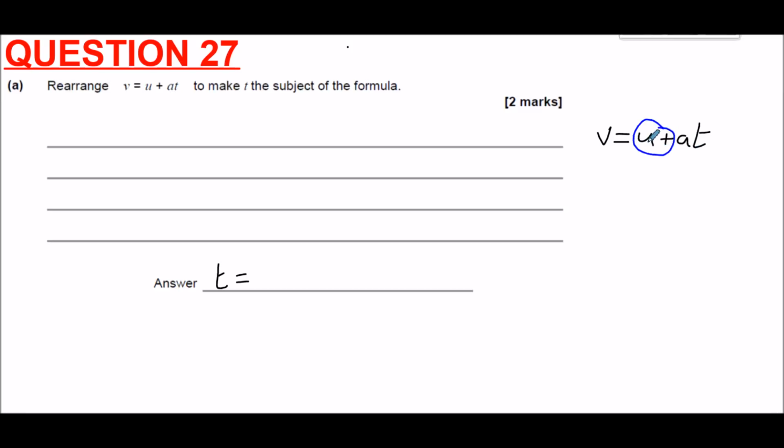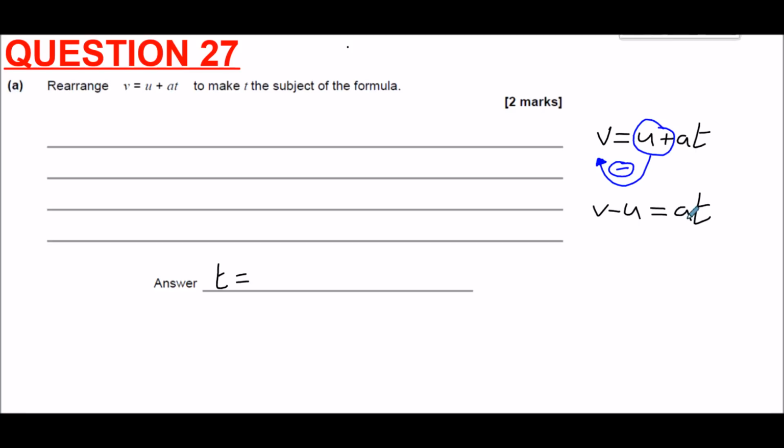Now that u is positive. So that means if we swap its side, we'll swap its sign. What we're actually doing is we're taking away one u from each side of the equation. But it looks to me like it's swapping side and swapping the sign. So opposite of a positive u is minus u. And so on the left hand side, what we'd have now would be v minus u equals at.